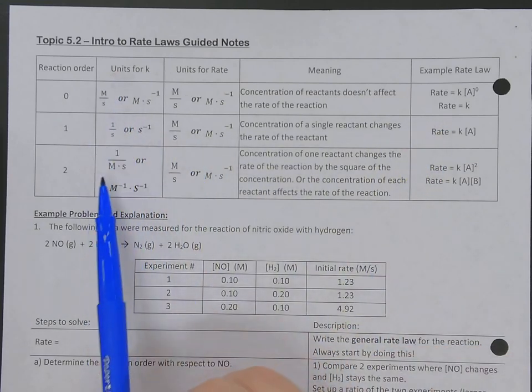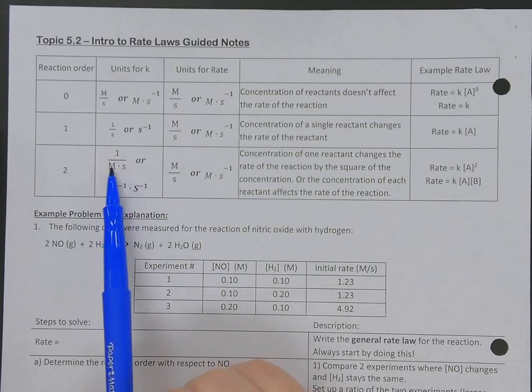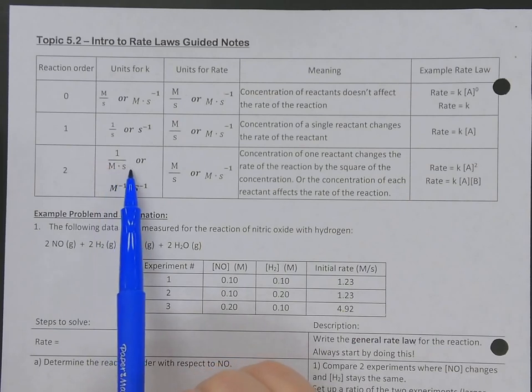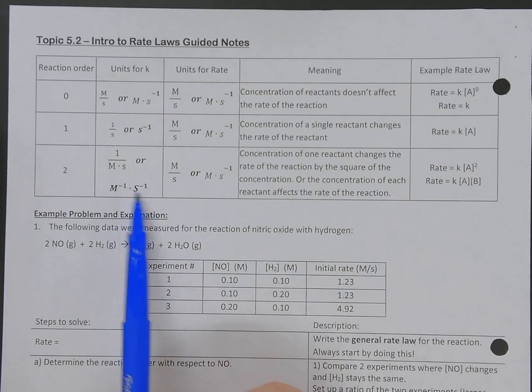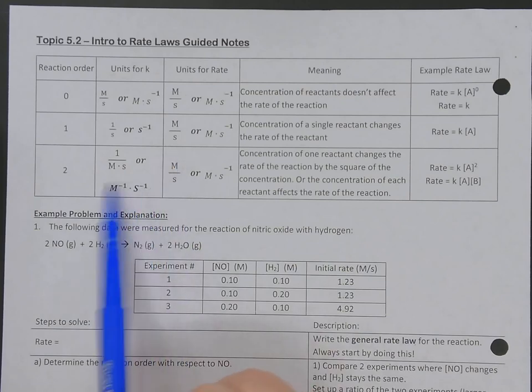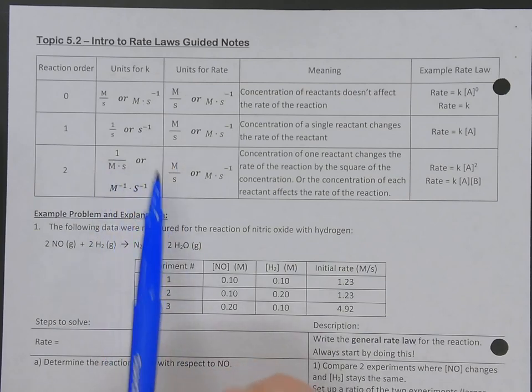If it's second order, our units for our rate constant K is 1 over molarity times seconds. Okay, or we can write it as molarity to the -1, seconds to the -1. So there's multiple ways we'll see it written, something to keep in mind.